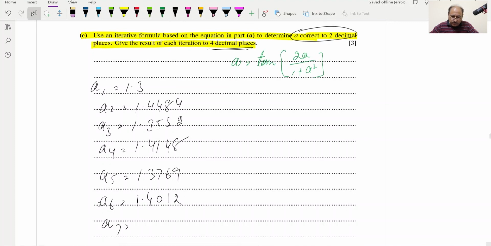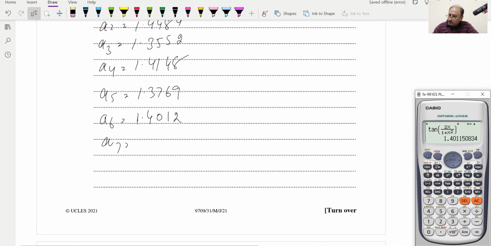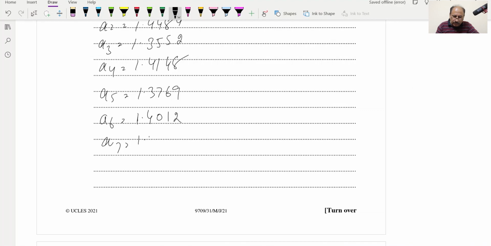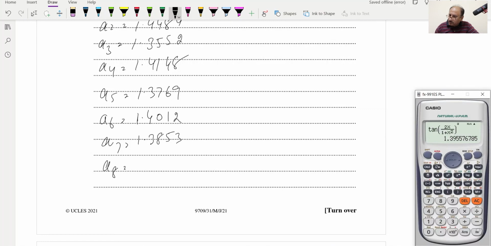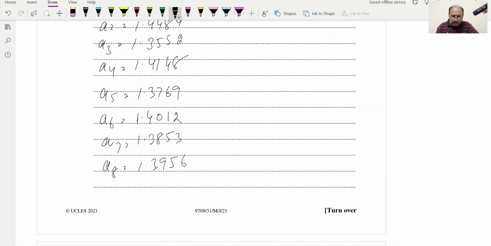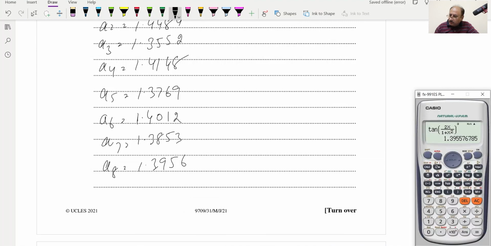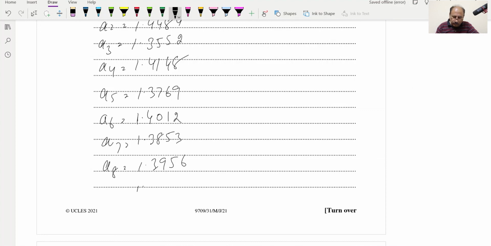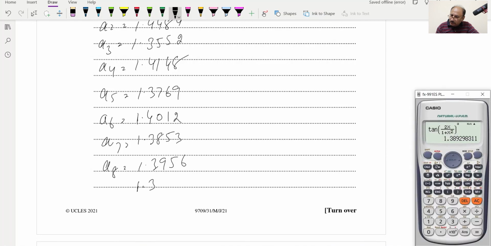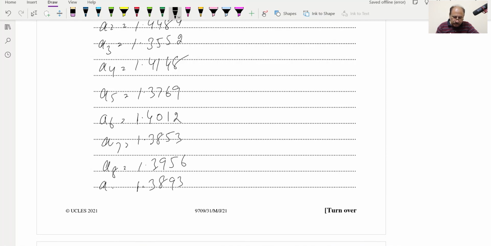So a7 is 1.3853, and a8 is 1.3956. A9 is 1.3893, and further we can take a10.